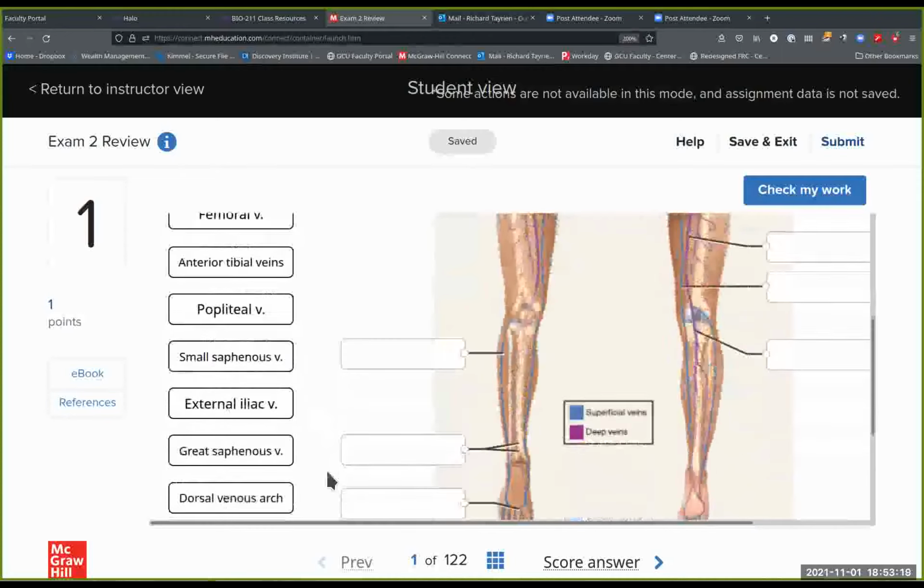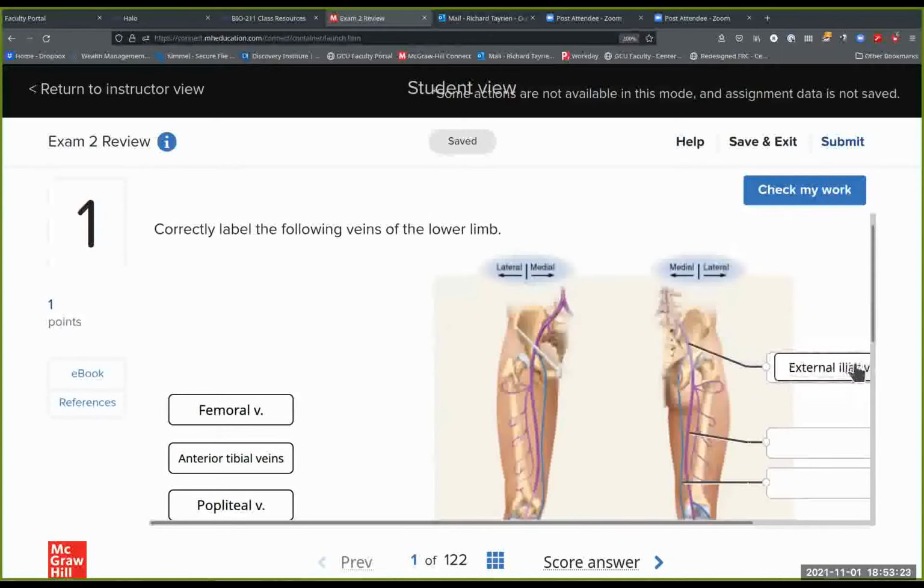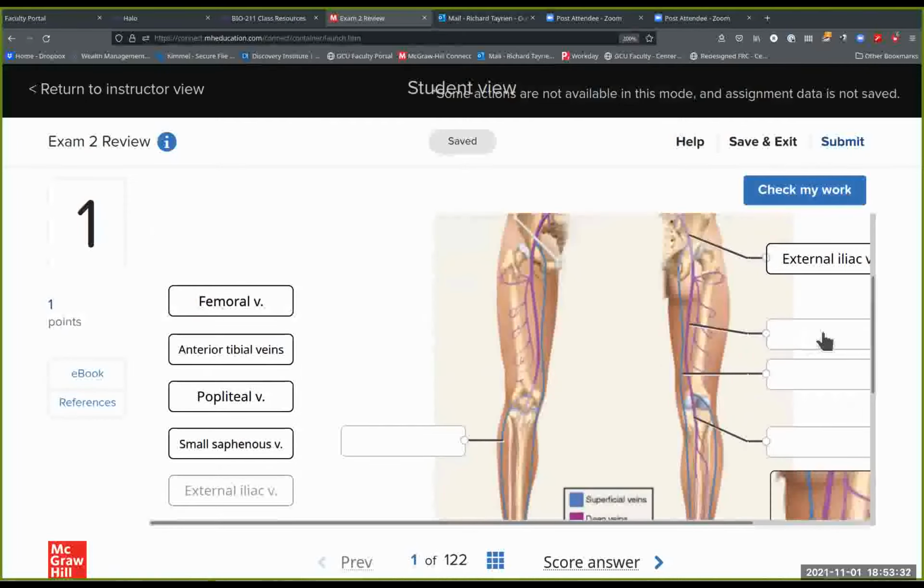Think so. Because it looks like it's above that inguinal ligament there, so that would make this what then?